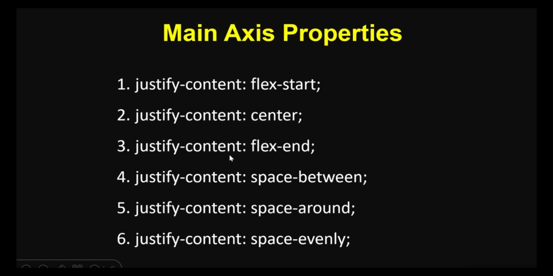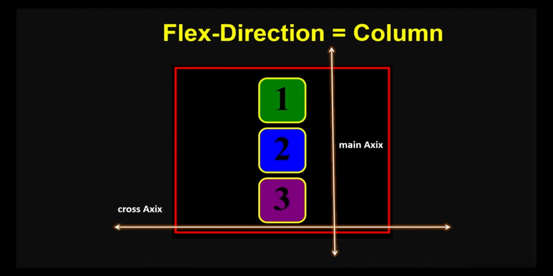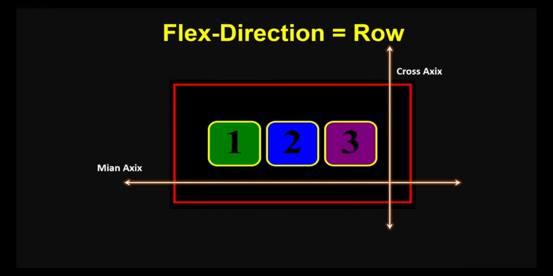Similarly, justify content flex end means the items of the container will be aligned at the end, and similarly space between, space around, and space evenly. These all properties will be applied on the flex items. And that is it for the main axis.